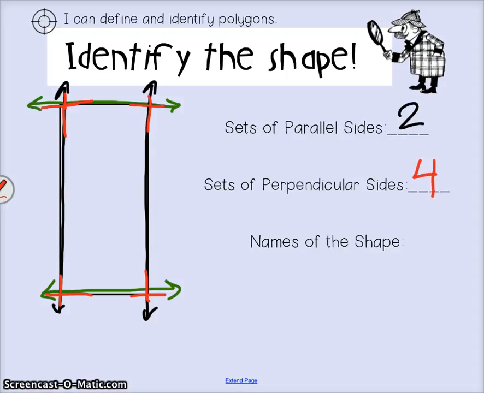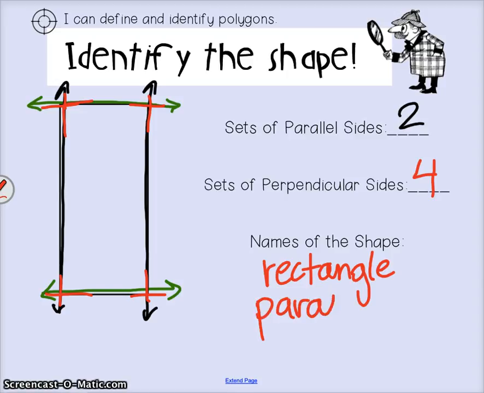Names of the shape? Right away I see a rectangle. Is this a square? Nope, squares have 4 equal sides. Is this a parallelogram? Of course. Remember, we're working on that spelling. Is this a quadrilateral? Yes, it is.